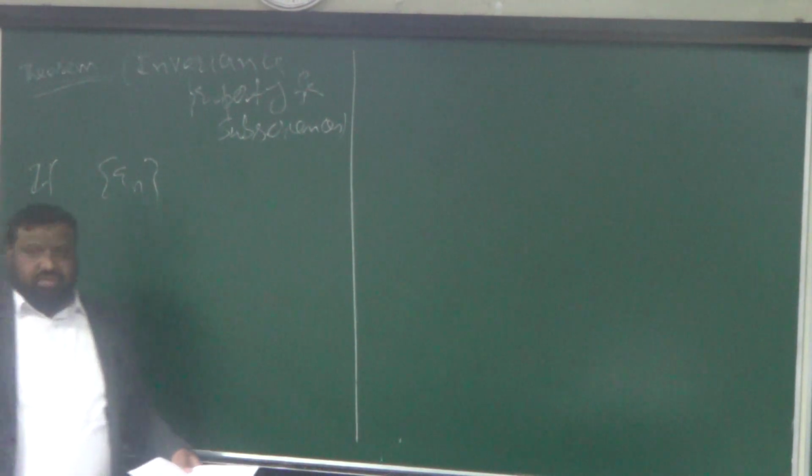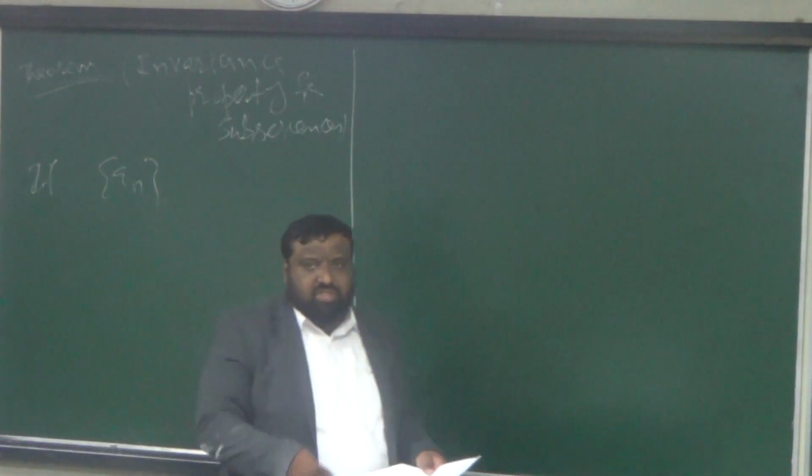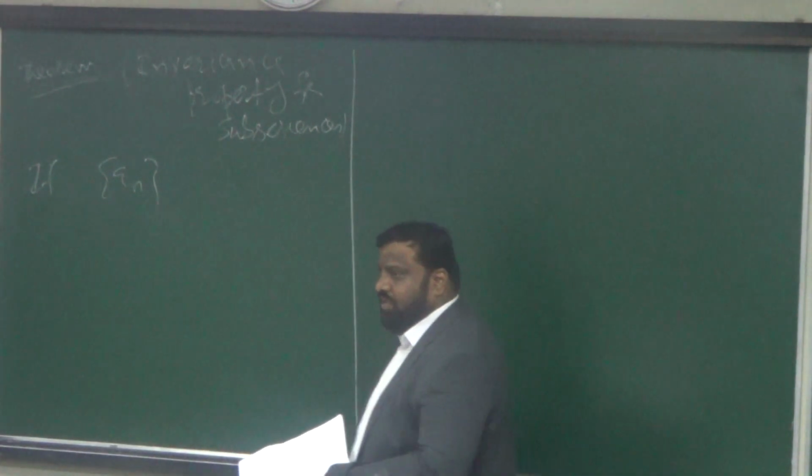What does this say? It says that if I have a sequence a_n, I'll try to prove this result in terms of metric spaces, but this result is going to be a particular case of that.